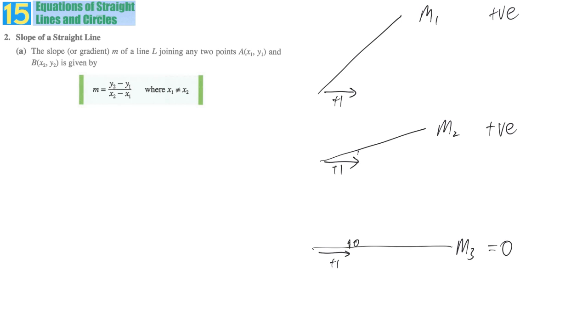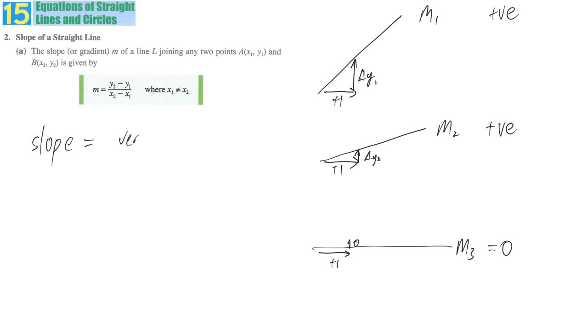If we go right, maybe it moves a little bit. This one goes up a little bit more. So we represent it using the ratio between the vertical distance traveled and the horizontal distance traveled. That's why we design a measurement called the slope.